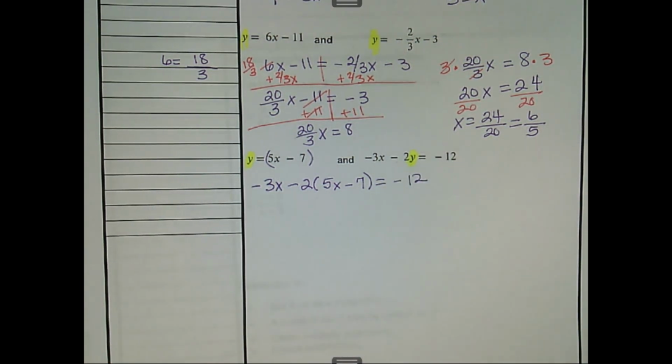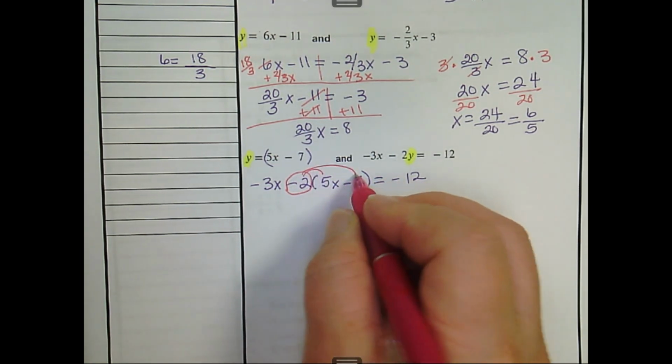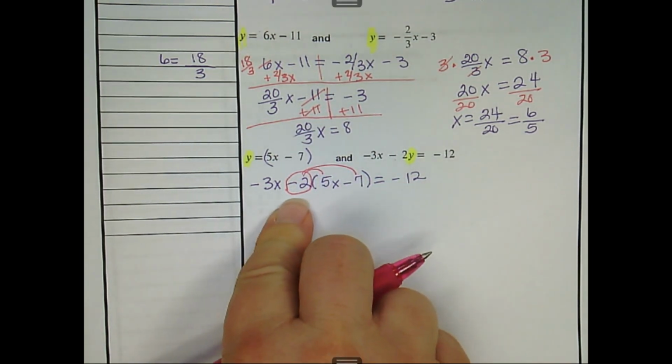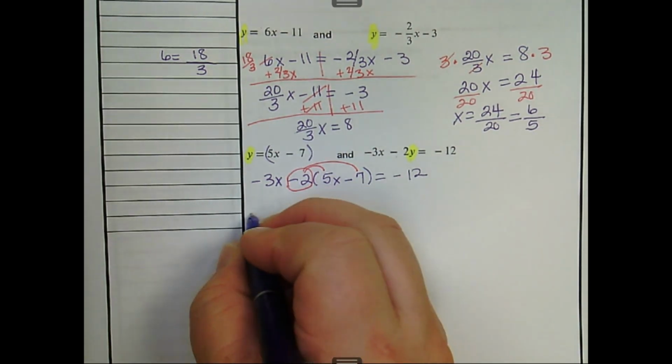Okay, take a minute. I'm going to pause. I want you to look and think about what it looks like, how we substitute it in with parentheses, because we're putting an expression in for y. Now, I'm going to multiply everything by negative 2, so I can get rid of my negative sign there. Negative 3x doesn't change.